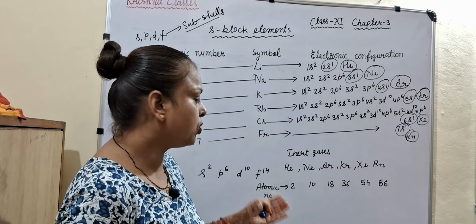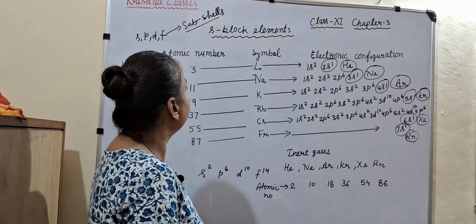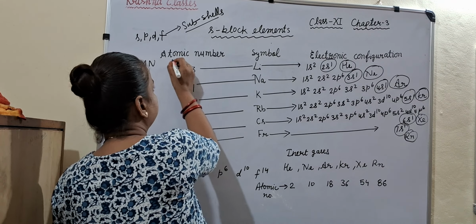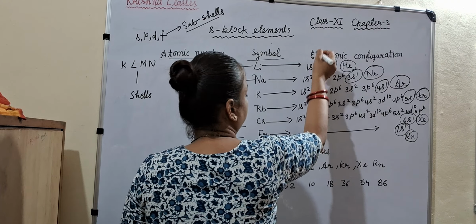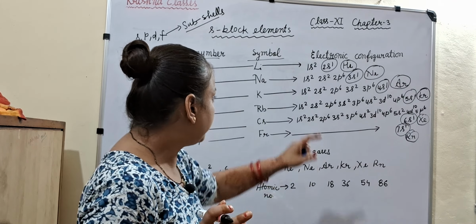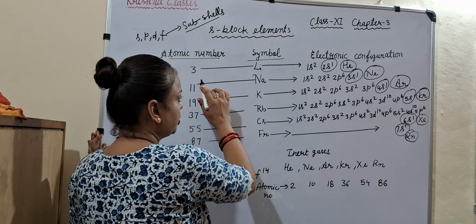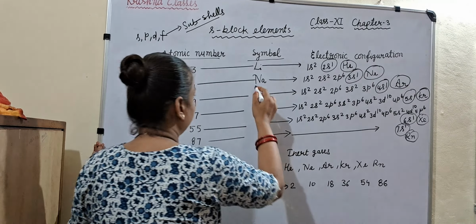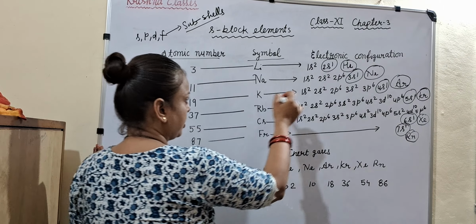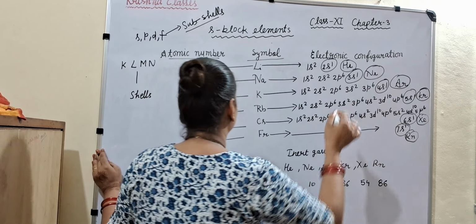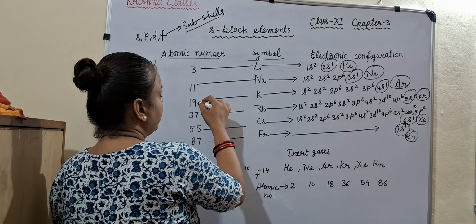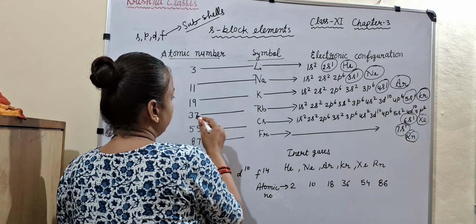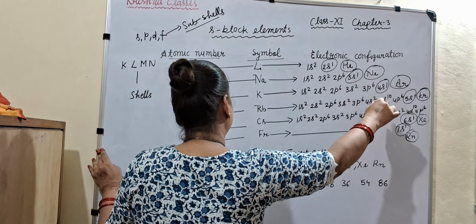So hope you understand today's class. I repeat again what we studied here. We studied s block elements. Here atomic number and symbol are given, and here we did the electronic configuration. Lithium 3, just like helium. Sodium atomic number 11, just like neon. Potassium 19, just like argon. Rubidium 37, just like krypton.